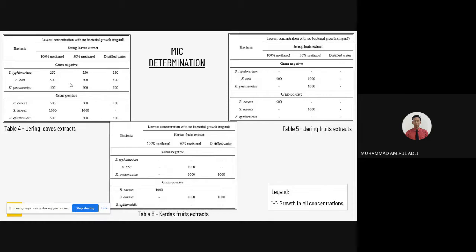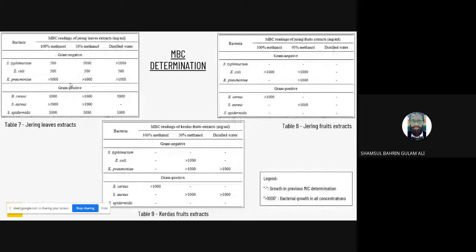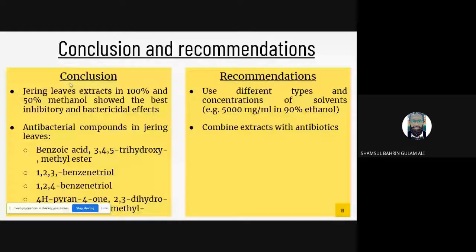All right. Can you go to your second last slide, talking about the recommendation? Okay, so you have mentioned benzoic acid, benzoyl, and so on.